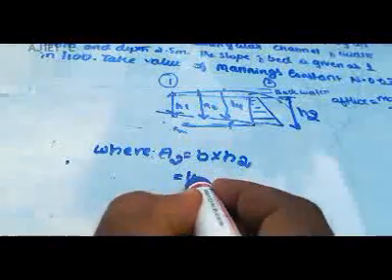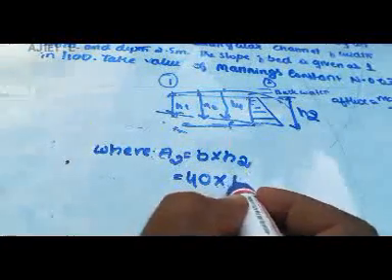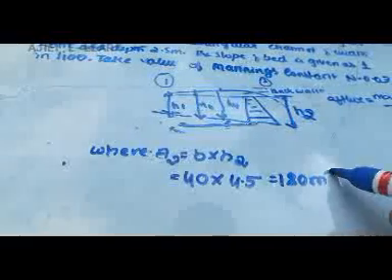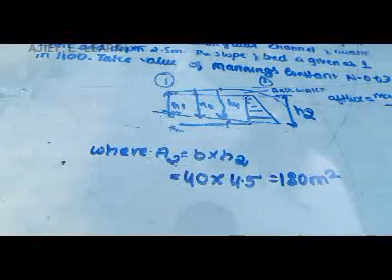B is 40, and for H2 we already calculated H2 minus H1. So we got the answer: 180 meter square.